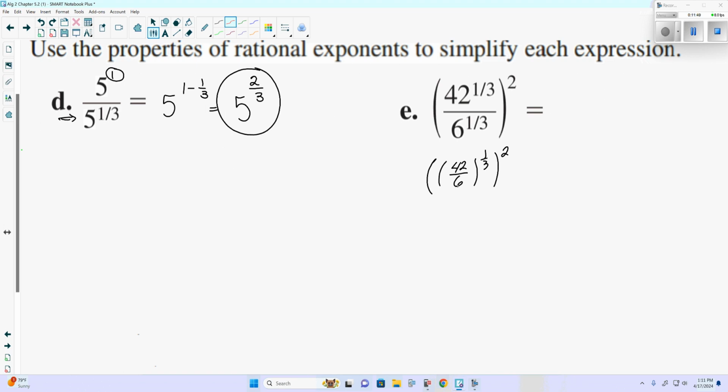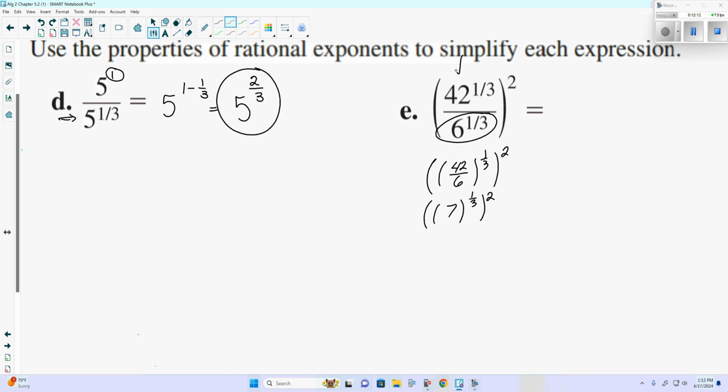We can do like we did on C, and take that exponent out and reduce, because 42 over 6 is 7. Because again, just like the previous one, we don't want this fractional exponent in the bottom of a fraction. We cannot have a fractional exponent in the bottom of a fraction.